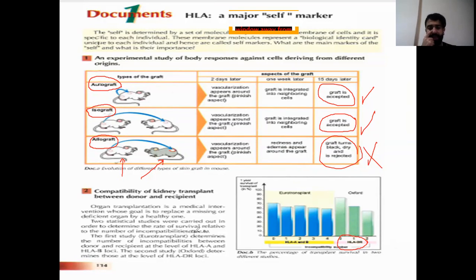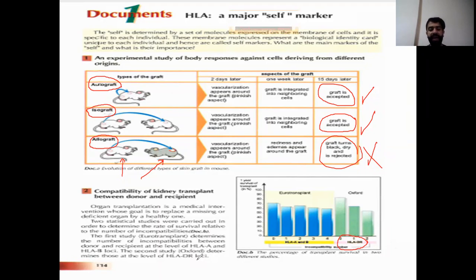Two statistical studies were carried out in order to determine the rate of survival relative to the number of incompatibilities. So whenever there is incompatibility in the HLA, as the incompatibility increases, the graft acceptance percentage will decrease.